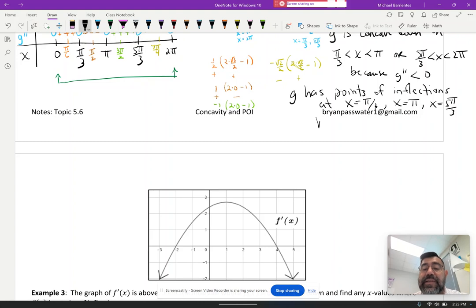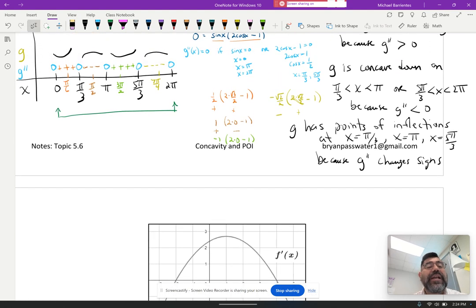And the reason is because G double prime changes signs. That's it. Since I know that the second derivative changes signs at those x values, they have to be points of inflection.